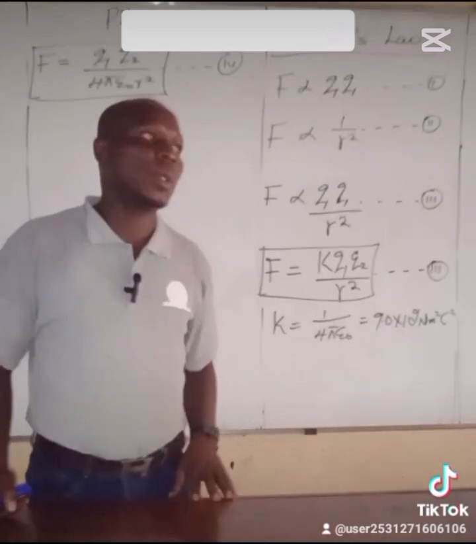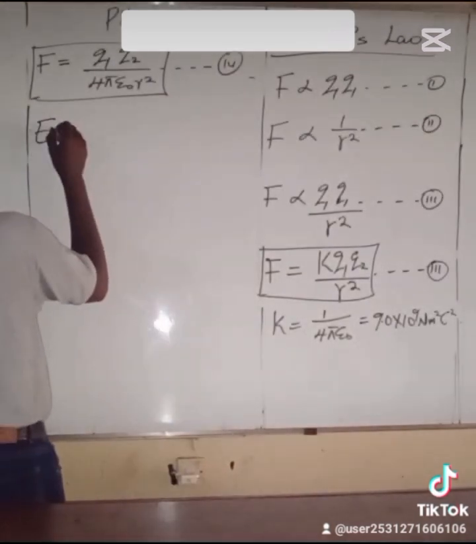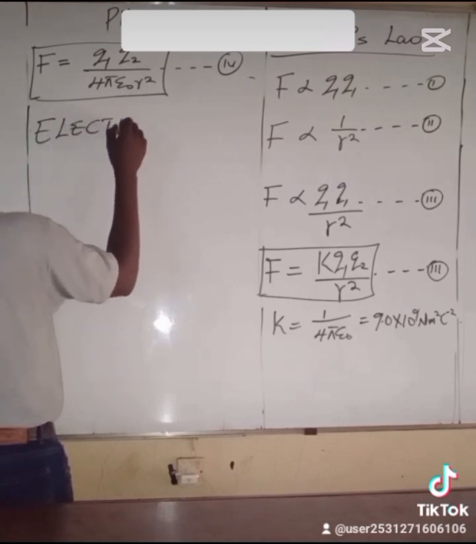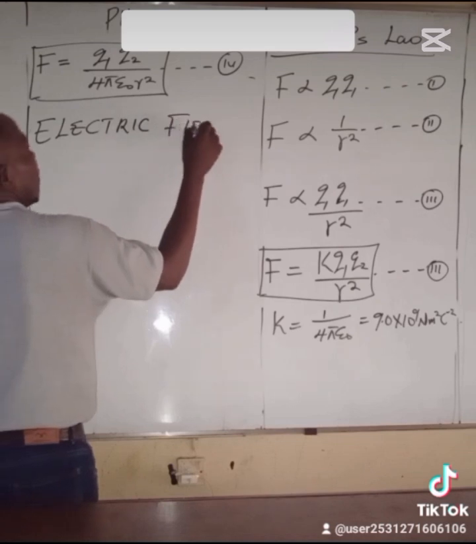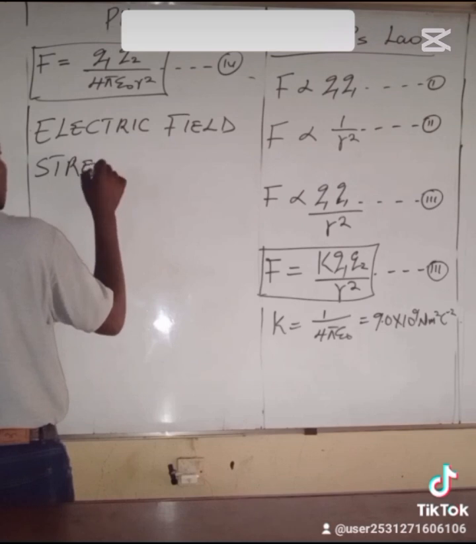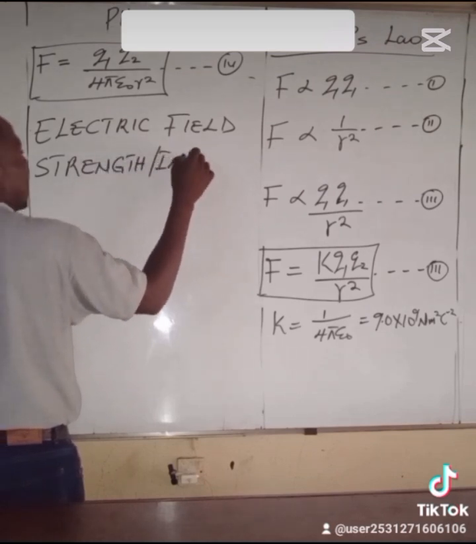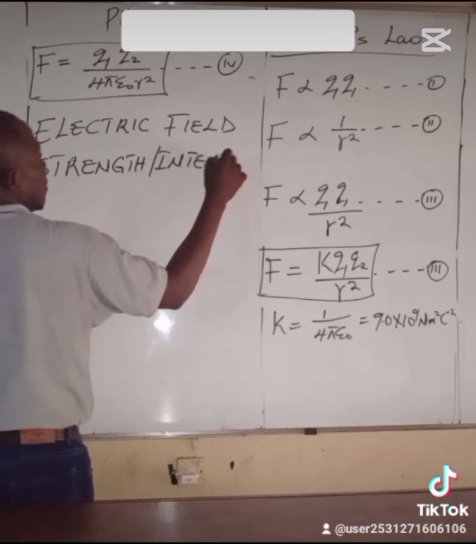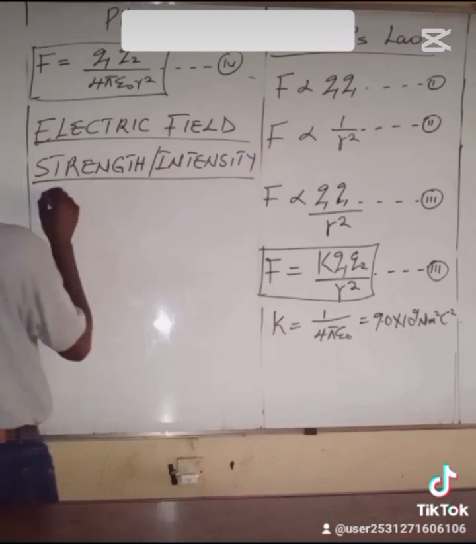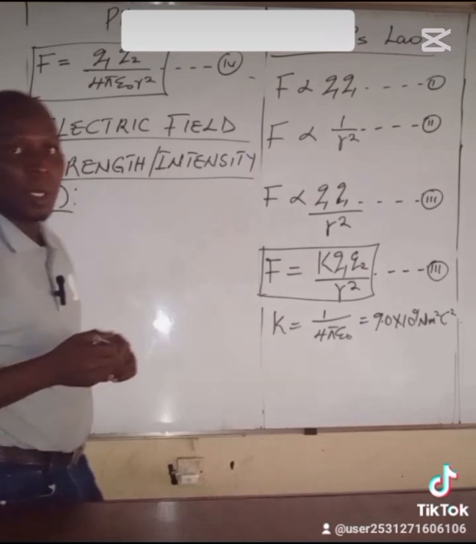Then we move into another subheading, which is called electric field strength or electric field intensity. We use E to represent this electric field strength or intensity. Okay?